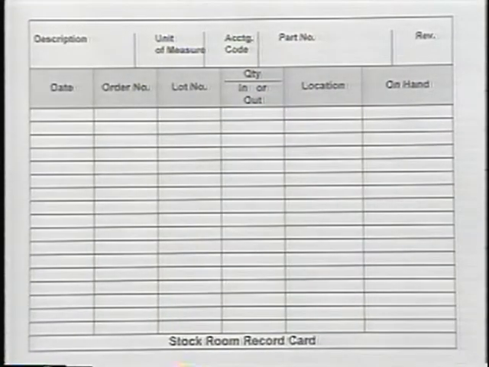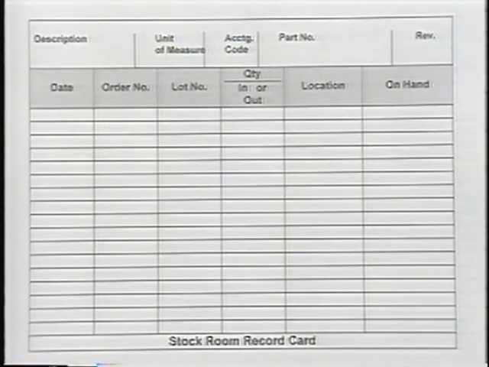Now, continuing on, again with the data elements and the storeroom documents, page 33 identifies the storeroom record card. And again, this is a manual record card, and you could format your own record card if you are utilizing CMMS.